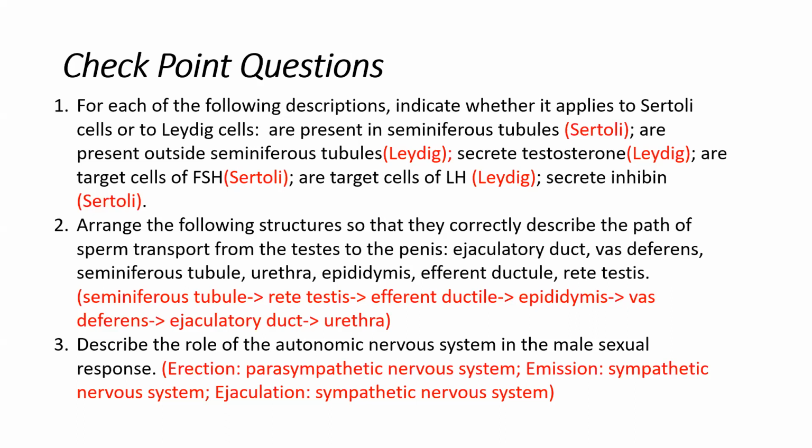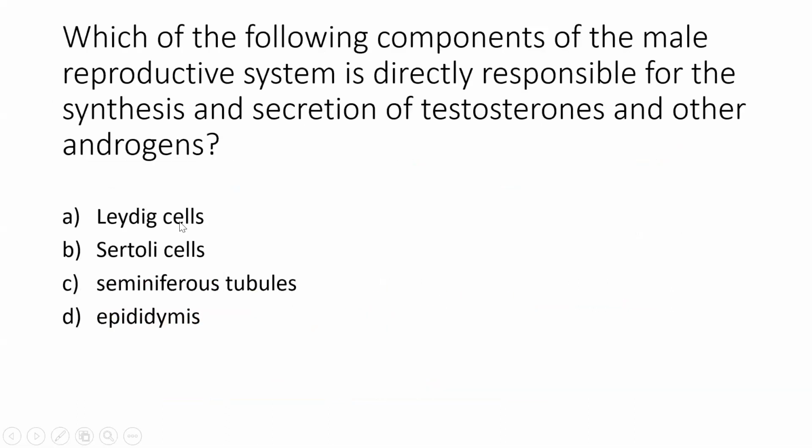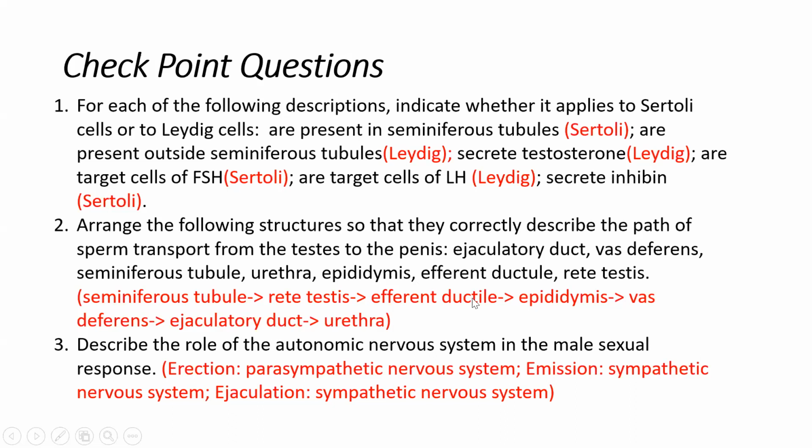They enter the seminiferous tubule, then they make their way to the rete testis, then to the efferent ductule, this should be ductule, not ductile, ductule, and then to the epididymis of the testes, then into the vas deferens, to the ejaculatory duct, and finally to the urethra.